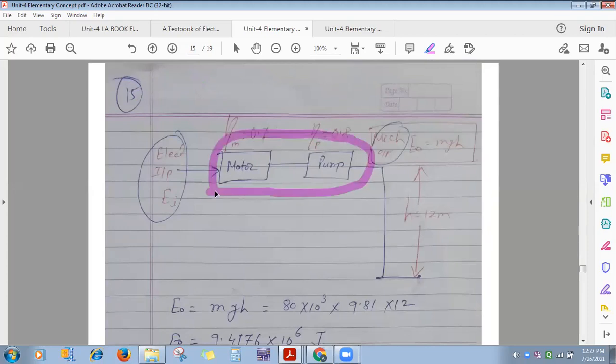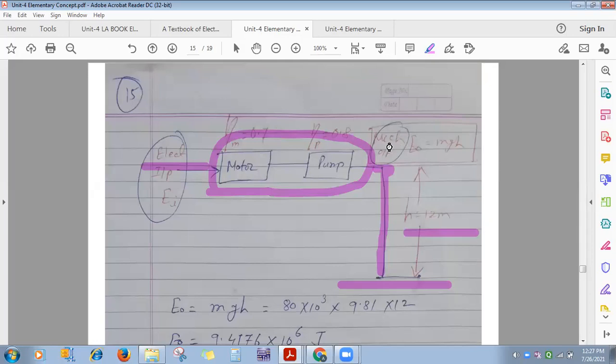For every motor, electrical is the input and mechanical is the output. This is the water at ground level, and for what purpose do we use the motor pump assembly? To lift up the water against gravity through some height, 12 meter.